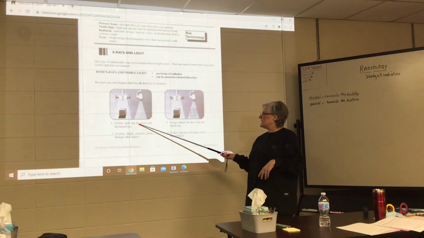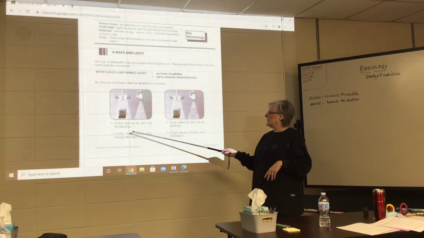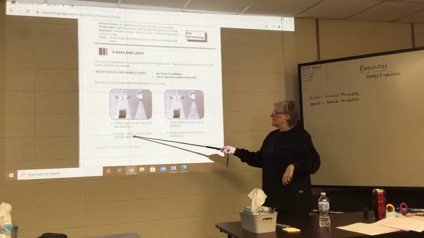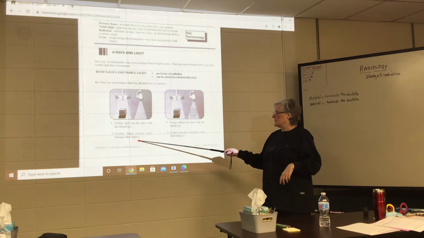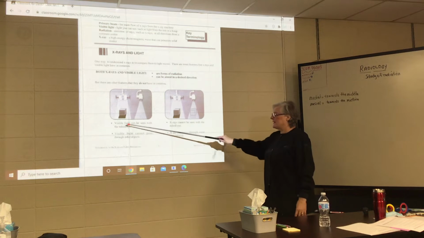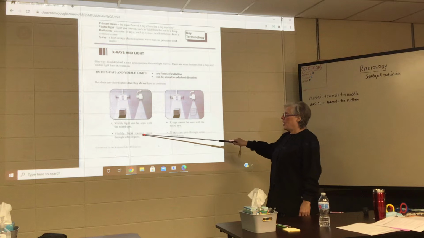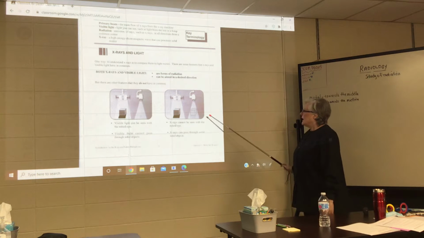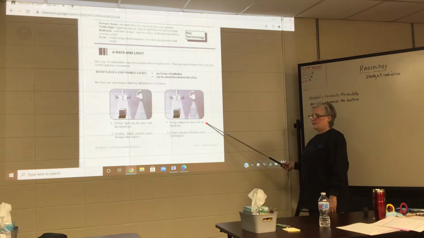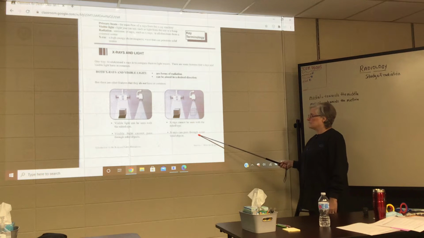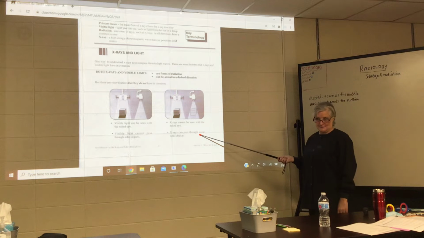Visible light can be seen with the naked eye. Visible light cannot pass through objects, okay? An X-ray cannot be seen with the naked eye, and an X-ray can pass through solid objects. Okay.